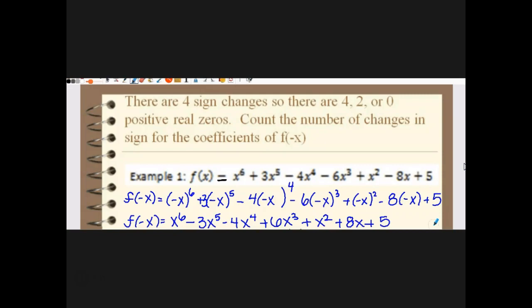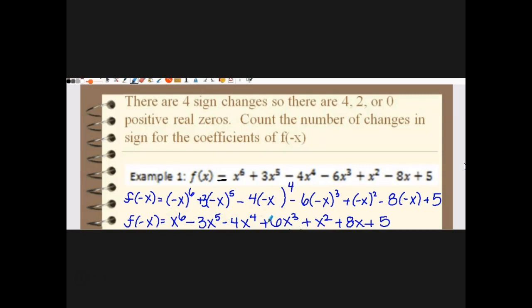And now what we're going to do is go back and look for sign changes on the negative aspect. So we have one sign change here, none.